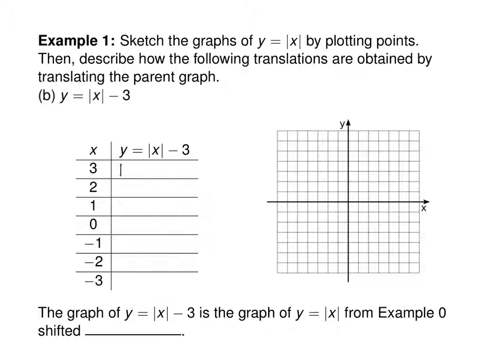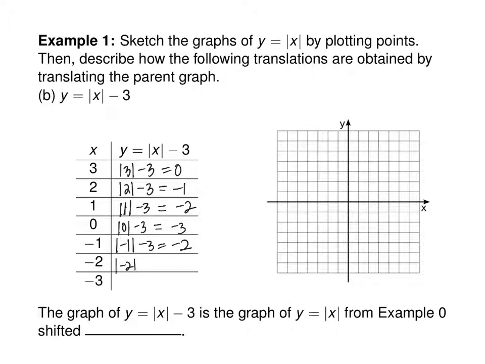If I input 3, absolute value 3 minus 3 will give us 0. Absolute value 2 minus 3, well, that will be 2 minus 3, which is negative 1. Absolute value 1 minus 3 will be 1 minus 3 or negative 2. Absolute value of 0 minus 3 will be negative 3. Absolute value of negative 1 minus 3 will be negative 2.